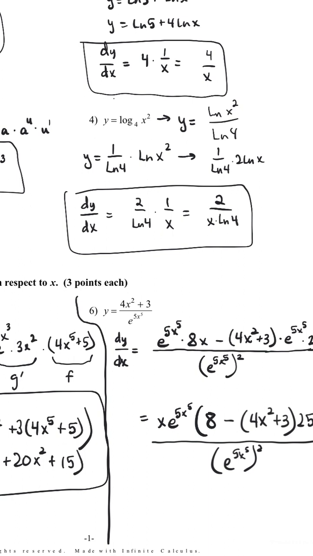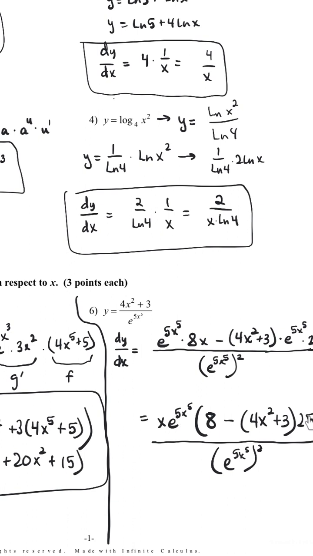Now, we have e to a power 5x to the fifth. Well, there's two of them because it's squared, and there's one of those powers here. So this factor is going to cancel with one of those factors. And I'm also going to distribute this 25x to the cube into here as I write the final. So remember, this is going to cancel with one of these.